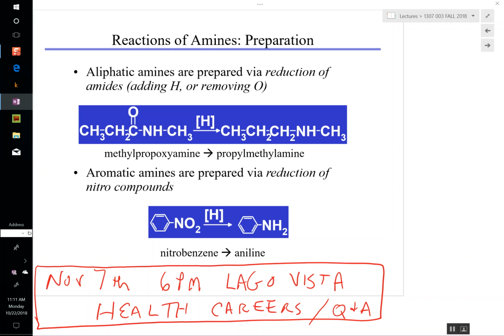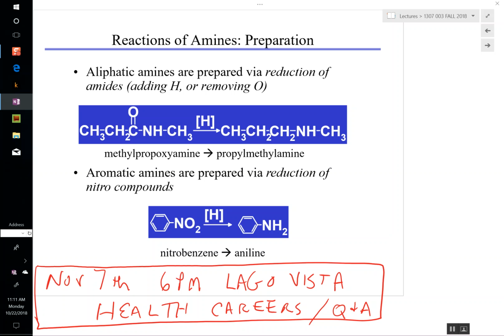All right, first thing, we haven't really gotten to the amides yet, but just to mention here that under how would you make an amine, you can make an amine from an amide. So this is an amide, and if you were to react an amide with a reducing agent of some sort, this is reduction.